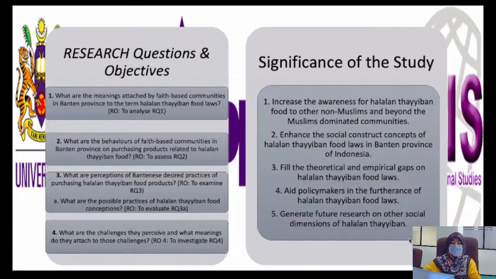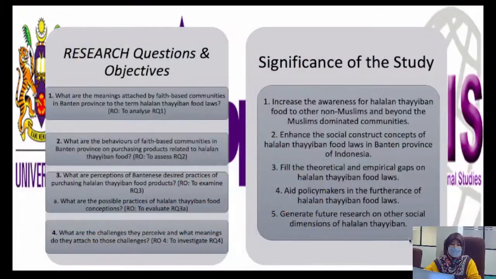The objective is to evaluate the possible practices of Halalan Toyyiban food conception. The fourth question, what are the challenges they perceive and what meanings do they attach to those challenges? The objective, to investigate the challenges they perceive and what meanings they attach to those challenges.